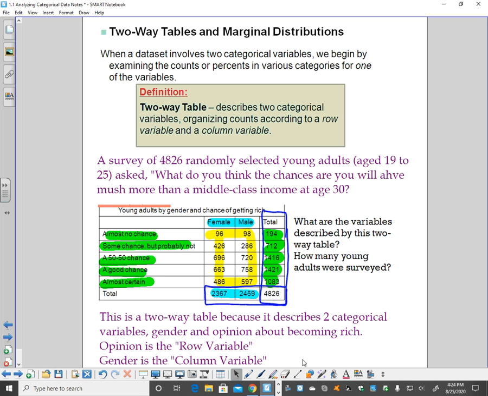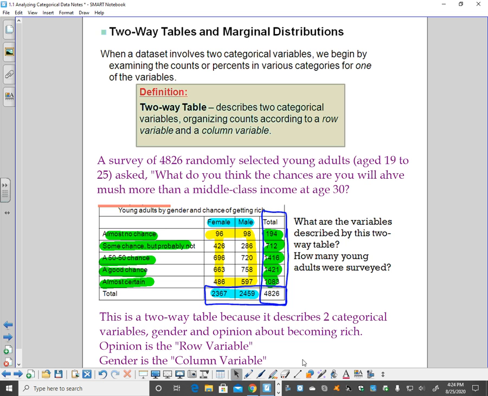Okay, so all of the individual totals that are highlighted green is the marginal distribution of opinions. The marginal distributions that are highlighted blue is the marginal distribution for gender. The bottom corner is the total number of people who were surveyed. And the male and female, that's one variable.